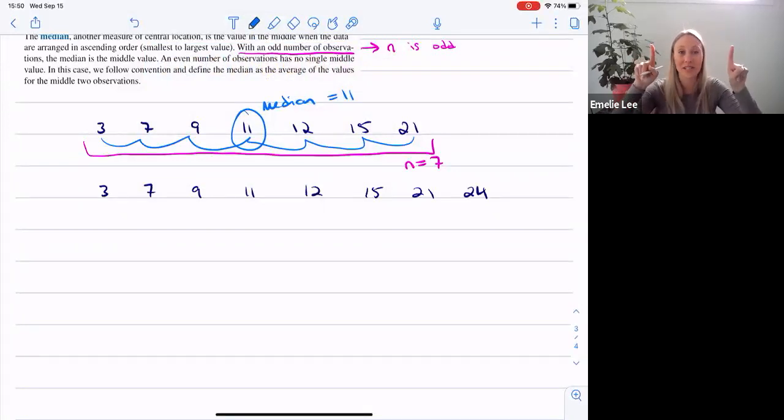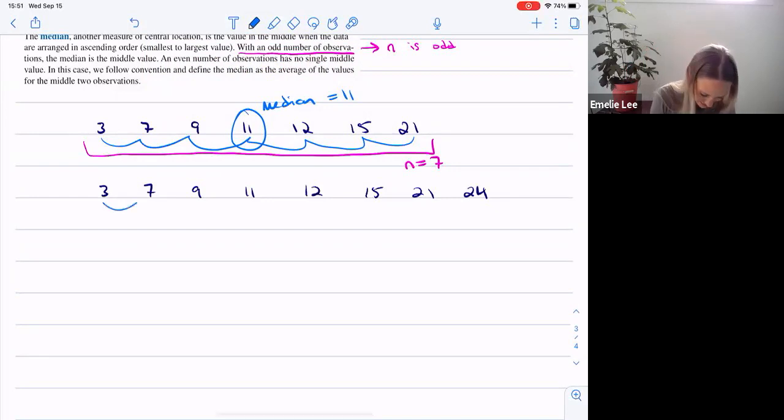This is only for small data sets. Of course, you would probably use Excel or R to find these. But just to show you the difference, you put your fingers on the outside edges and boop your way in. 1, 2, 3, 1, 2, 3.